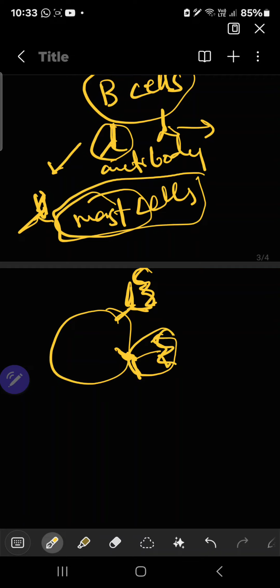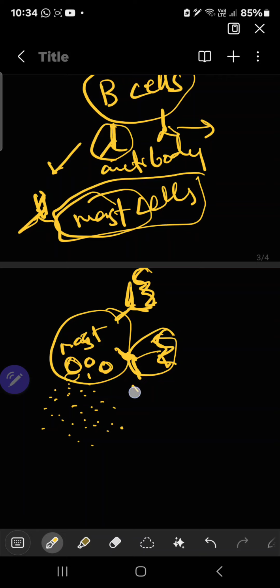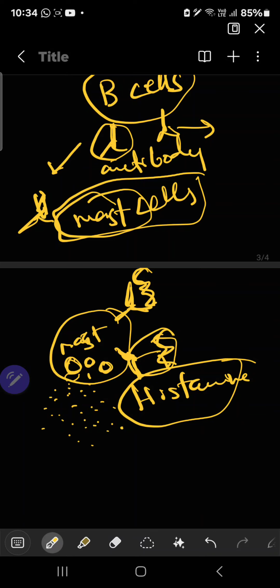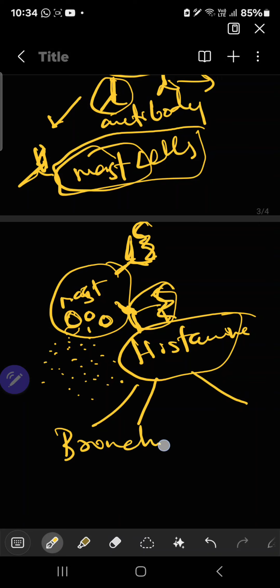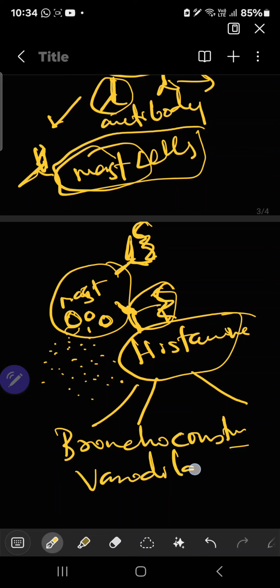after attaching to this antibody, these mast cells will release inflammatory mediators, because mast cells have granules inside the cell, and these granules attach to the cell wall, and from there inflammatory mediators like histamine are released into the bloodstream. This histamine will cause bronchoconstriction, as we mentioned earlier, and vasodilation.